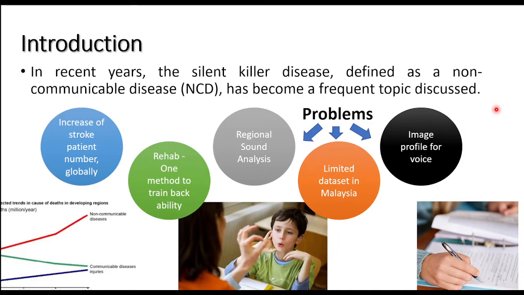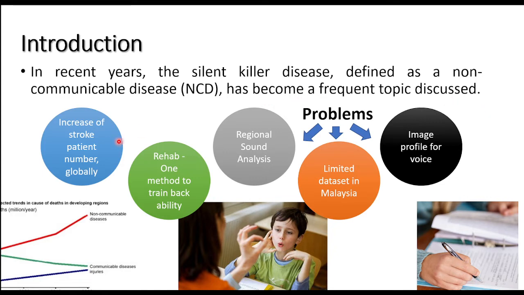First of all, I would like to introduce what our project is all about. In recent years, the silent killer disease, defined as a non-communicable disease (NCD), has become a frequent topic discussed everywhere, especially in academic lines, conferences, and so on.